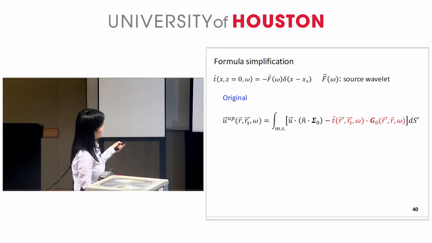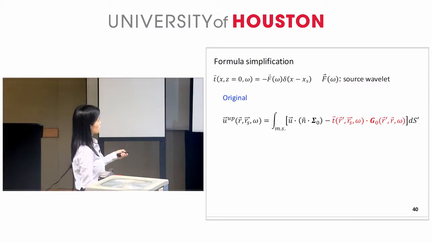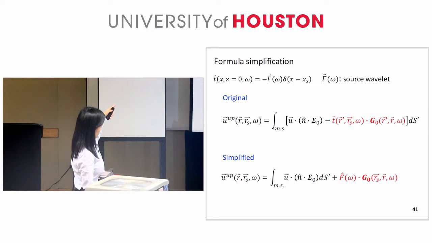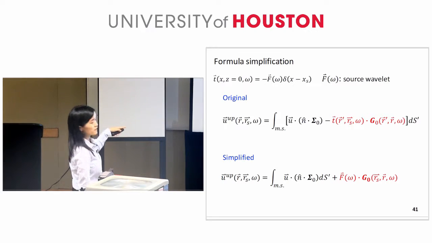We input this spatial delta function into the second integral. You will see that the second one turns out to be a product between the force and a Green's function that starts from the output point and ends at the source point. This one has an analytic form. So comparing this original formula and the simplified one, we call this the simplified one.